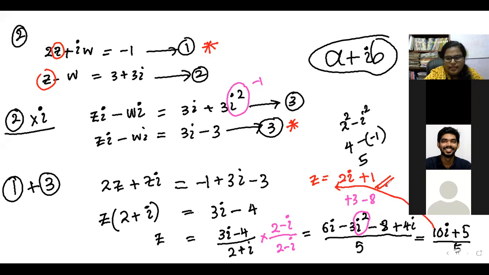Is it clear how you get this z value? Now, is it clear how to get this? This is how you use the elimination method to solve these simultaneous equations, right? Sandhika is saying clear.